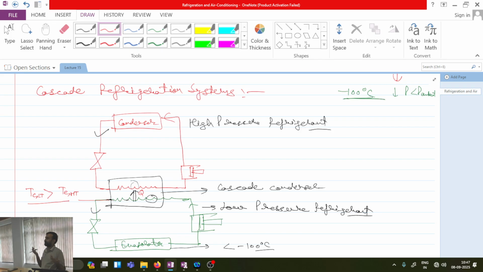Whenever there is a finite temperature difference, there is irreversibility. So this is basically an irreversible process. It means thermodynamically this process cannot be more efficient than the multi-stage system, where all processes are internally reversible. Is this point clear? So thermodynamically this cannot be better.